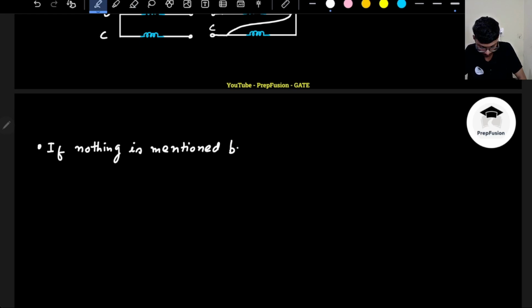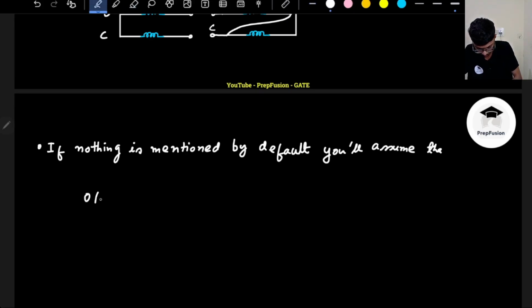Why? Because if you remember, in my single phase transformer, the input current was coming in here, so that's why we assumed this dot, and in the output the current was leaving, so that's why we assumed this as dot.